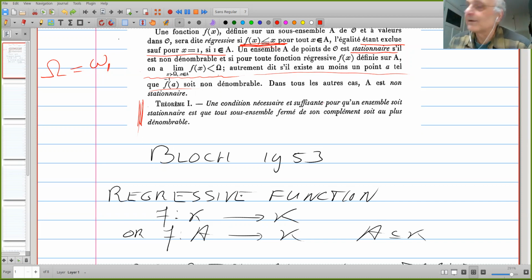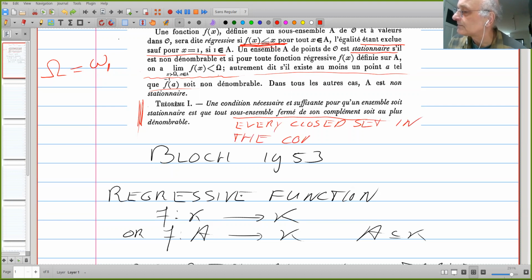The theorem he has here, he says, well, a necessary and sufficient condition for a set to be stationary is that every closed set in its complement is at most countable.